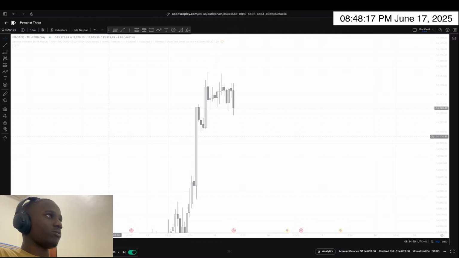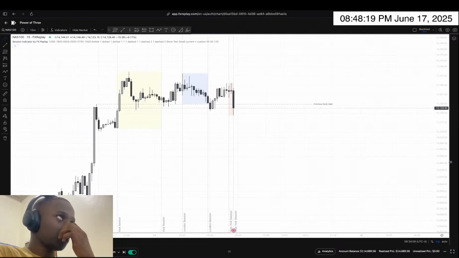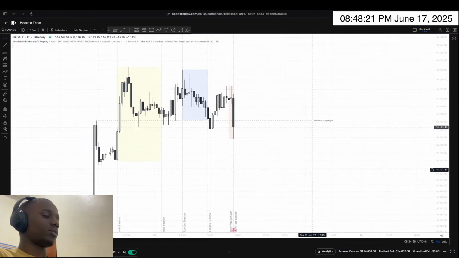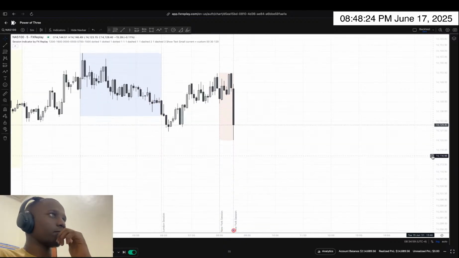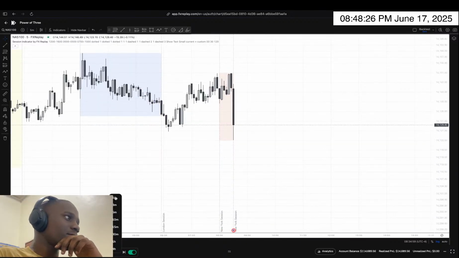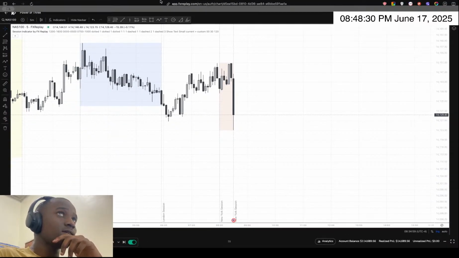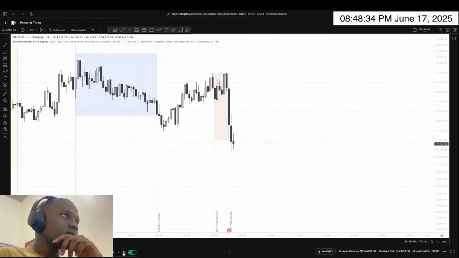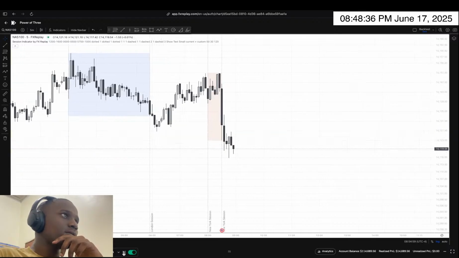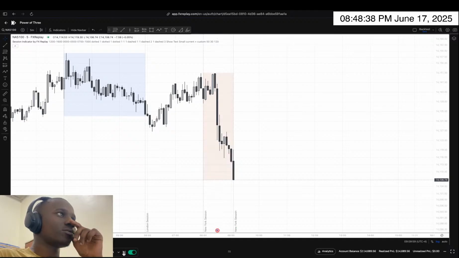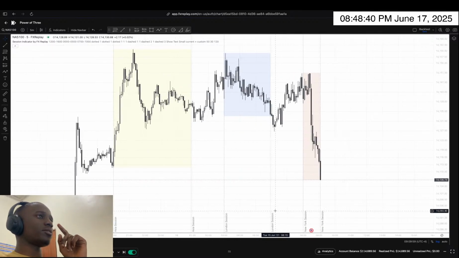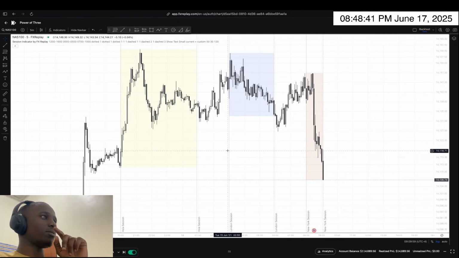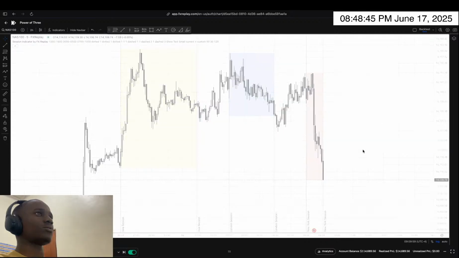Back to the 15-minute. Let me use the 5-minute here. I'd like to see how it goes on the inside. Drop, continue to drop, which means we might be about to rebalance, which makes me go into some higher time frame like the 2 hour.